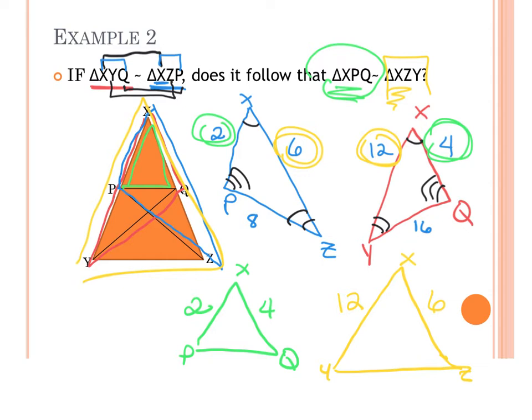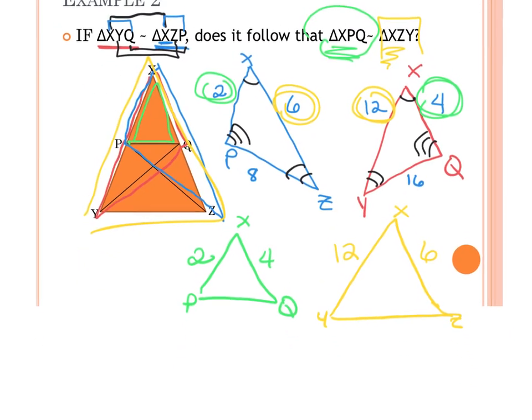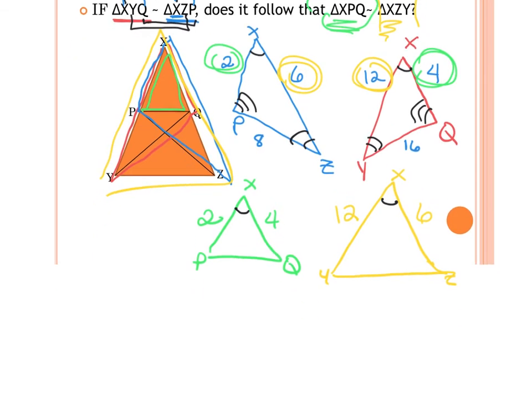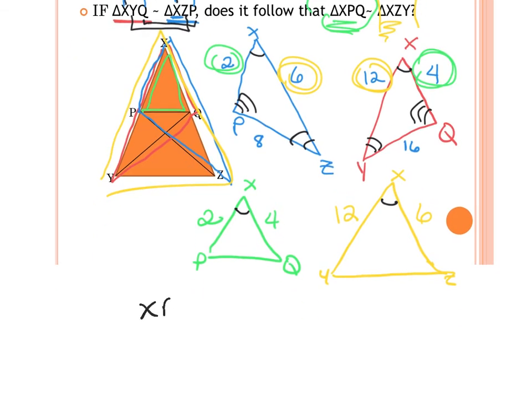Now, to show that these two are similar, I already have the angle that they share, which is X. Now I just need to check the proportionality of the sides. So XPQ, let me just rewrite this. So this is my green one. And then I have XZY. Oh, I want to do this one in yellow. All right, so now I'm going to match sides.